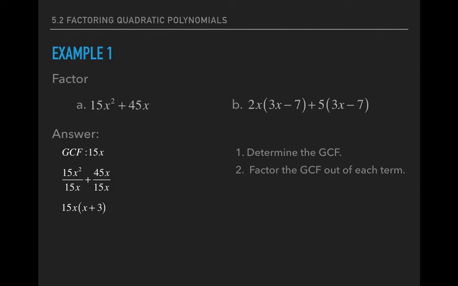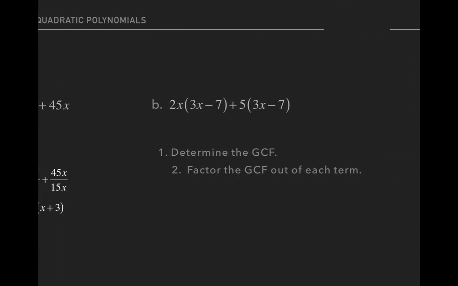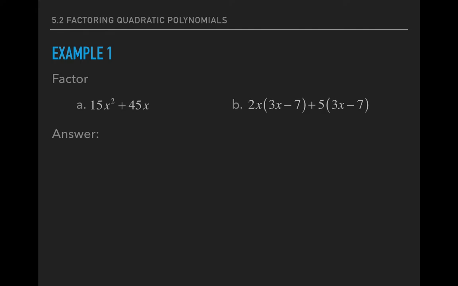If you wanted to check, you could multiply that 15x in, and it gives you 15x squared. And 15x times 3 gives you 45x. So we have undone the distribution. We have factored out, we have divided out, and now we have written this as a product, as 15x multiplied by x plus 3.